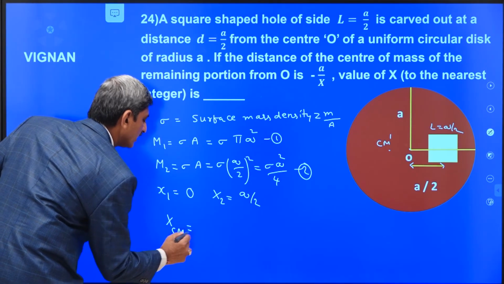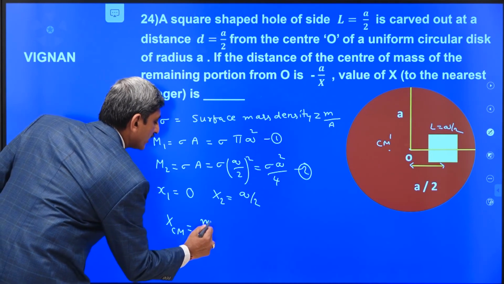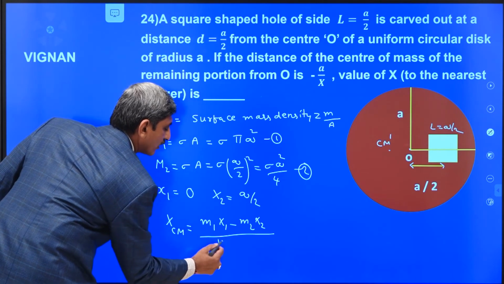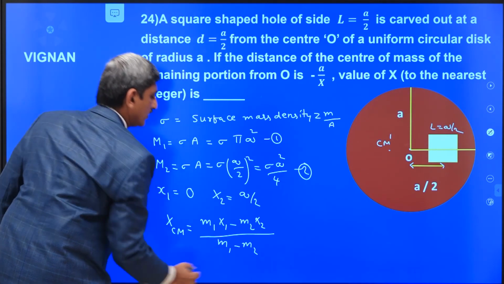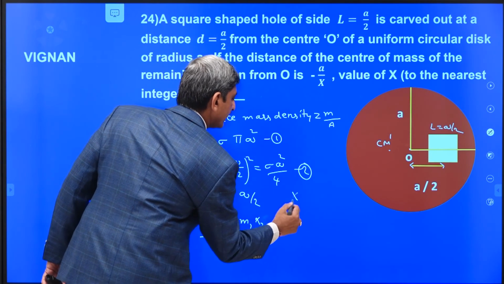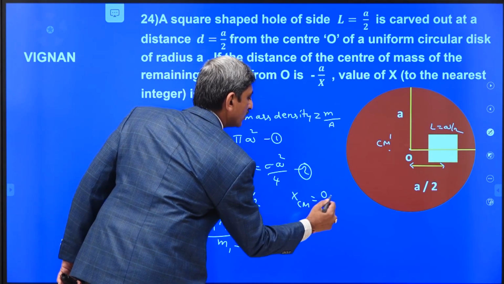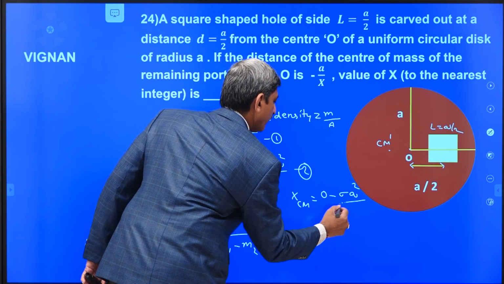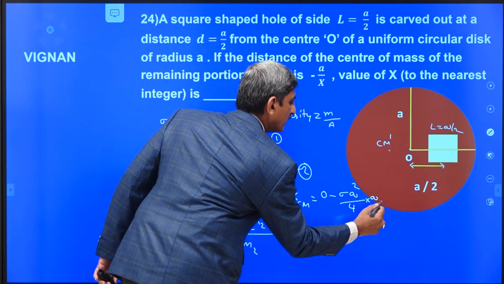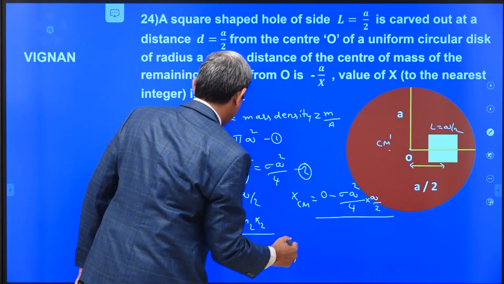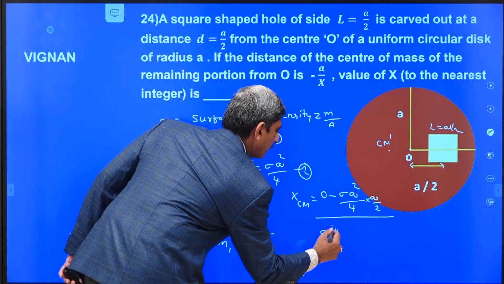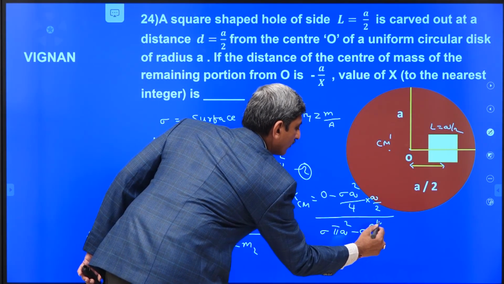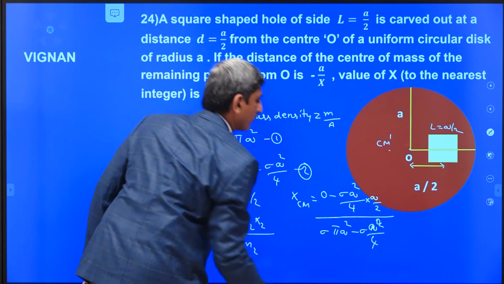In case of the removing, the distance of the center of mass is given by m1 x1 minus m2 x2 divided by m1 minus m2. So by substituting the values, it becomes xcm is equal to 0 minus sigma a square by 4 into a by 2 divided by sigma pi a square minus sigma a square by 4.